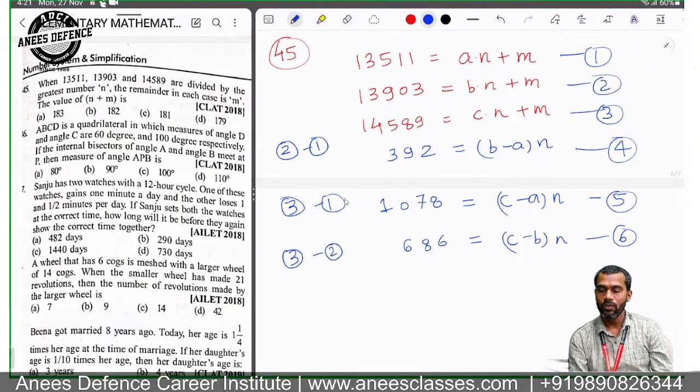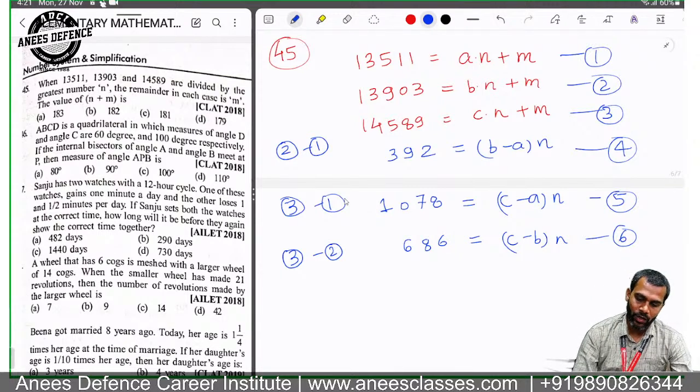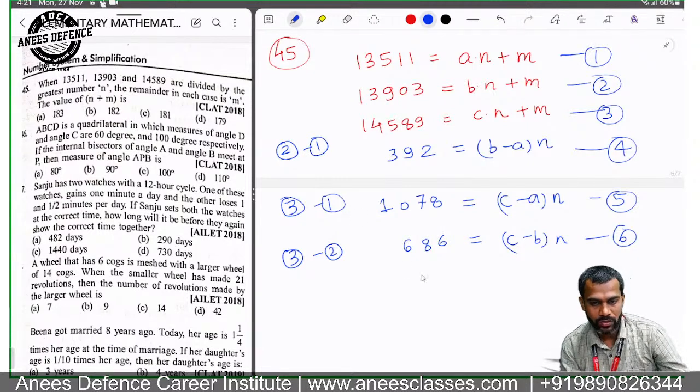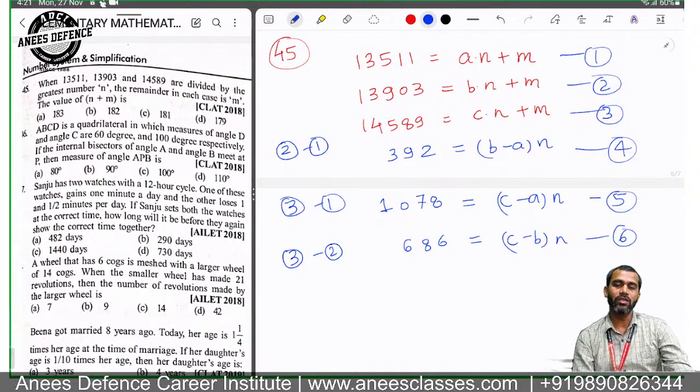And we have to continue till we get the remainder 0. So please try to find out the HCF of 392, 1078 and 686. Yes, online students, are you getting or not? Slightly difficult questions, I agree, but we have to solve.